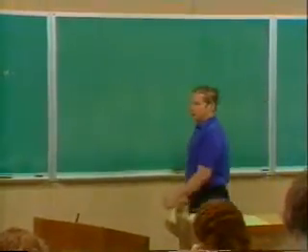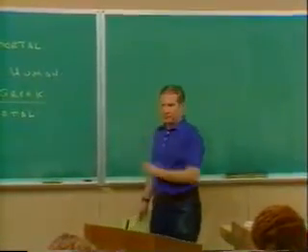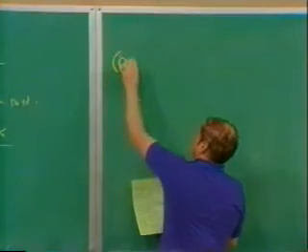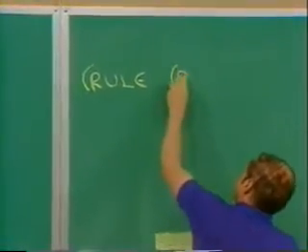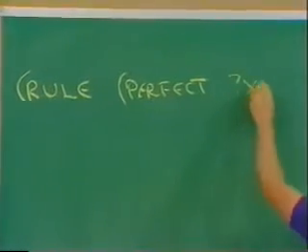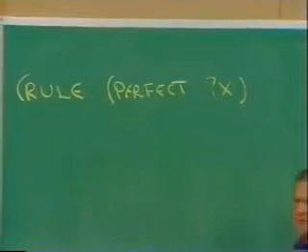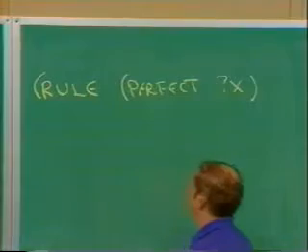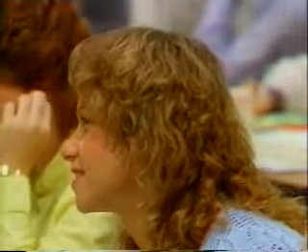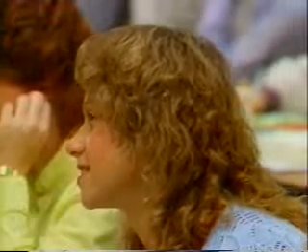suppose we want to extend this. Let's define what it means for someone to be a perfect being. I don't know, we'll say rule, a perfect being, and I think this is right. If you're up on your medieval scholastic philosophy, I believe that perfect beings are ones who are neither mortal nor fallible.